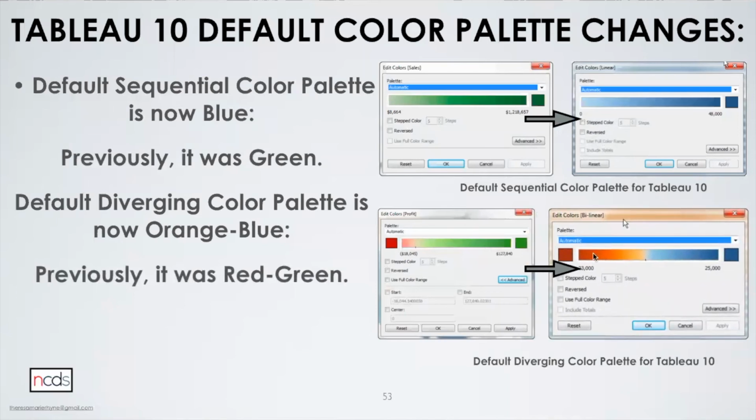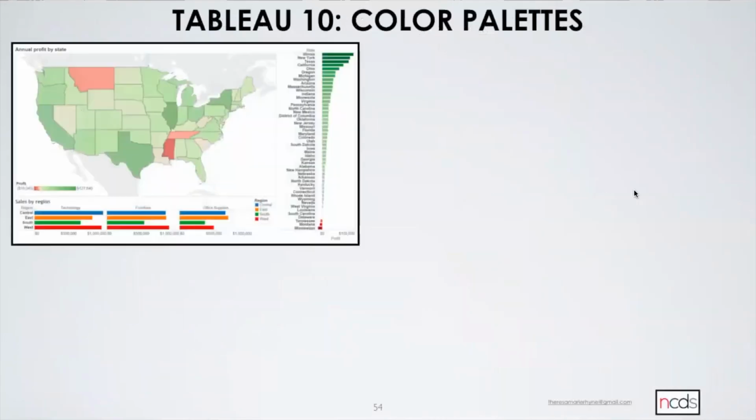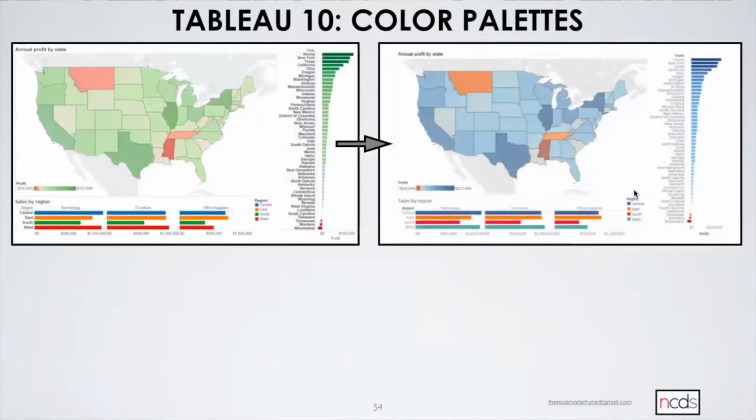Today it's orange and blue. You'll notice they factored in color deficiency weaknesses, because when we talked about color deficiencies, they tried to get away from red and green, since someone with a color deficiency would have trouble with that. So this is what would be the default today. This is what was yesterday.